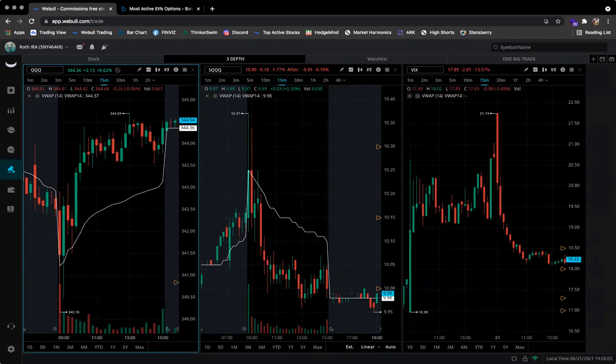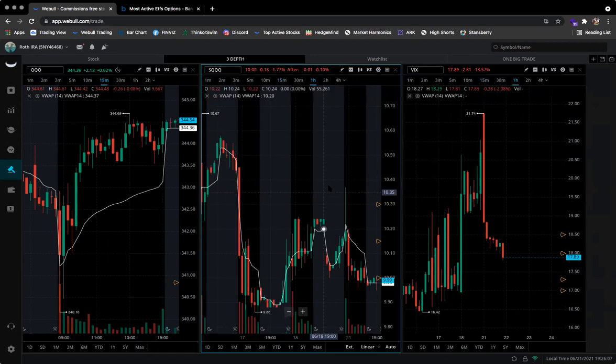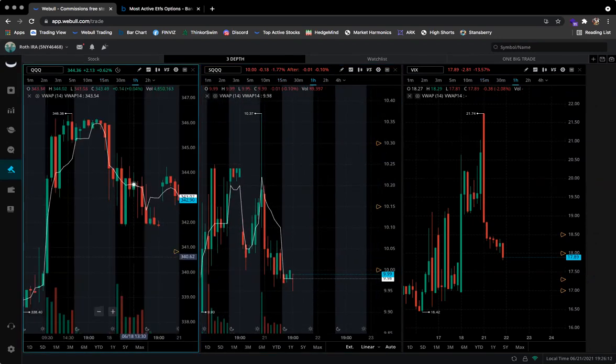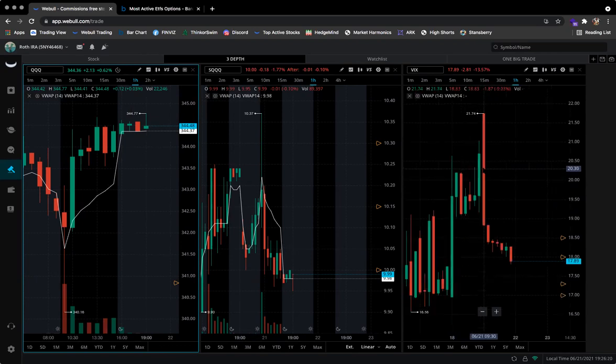Let's see what we got over here. We'll put this on an hour. So the VIX, when the VIX goes up, you can expect a lot of volatility in the market, right?